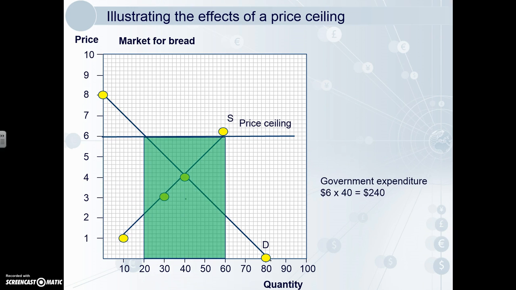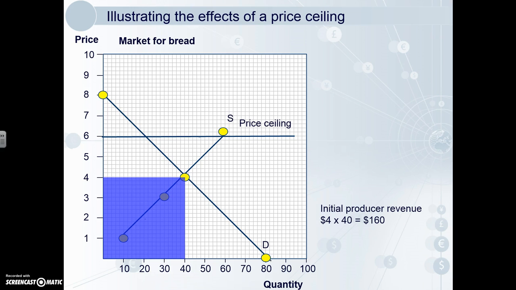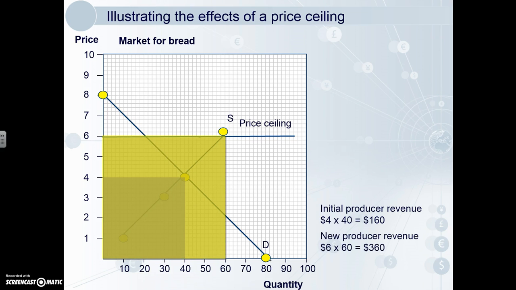The government expenditure, see that's quite a large portion here, the initial producer revenue, the new producer revenue, and of course the change in producer revenue.